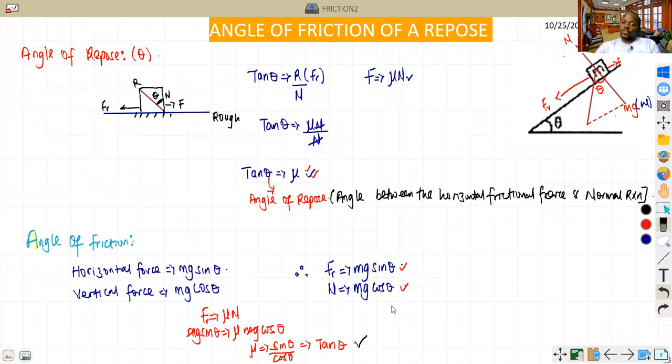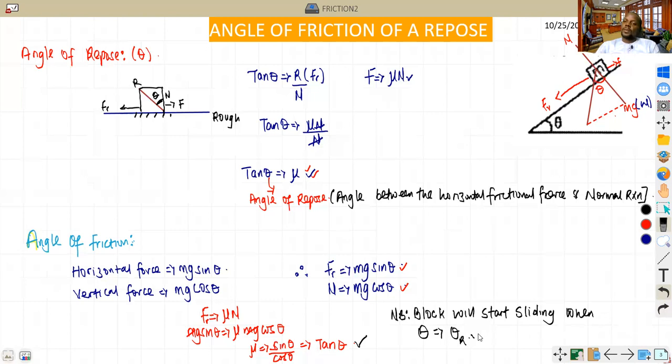So we can just keep a note to finish this. Just a simple note, nota bene, that this block will start sliding when the angle of friction, which is theta, is equal to theta half.